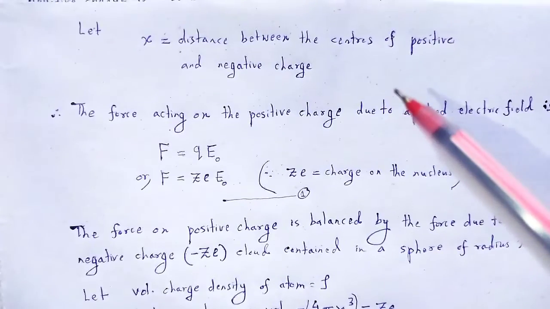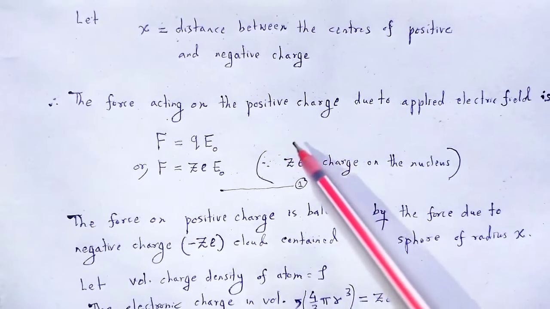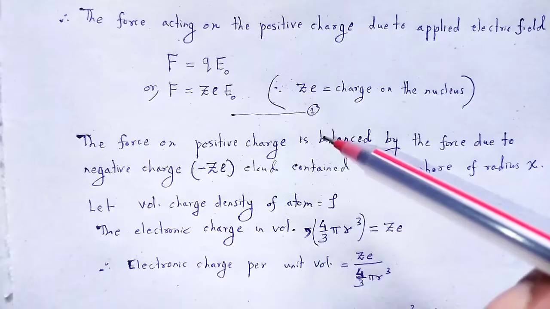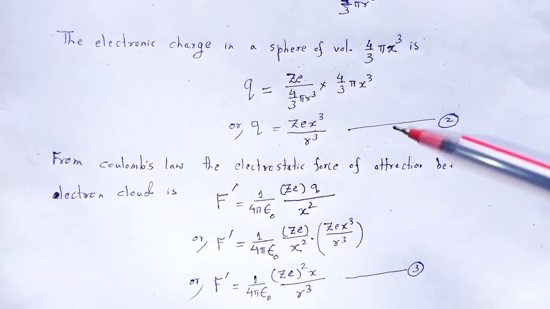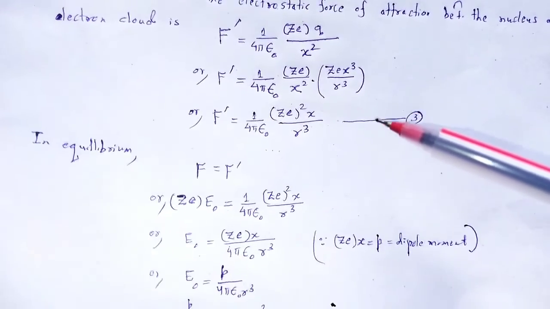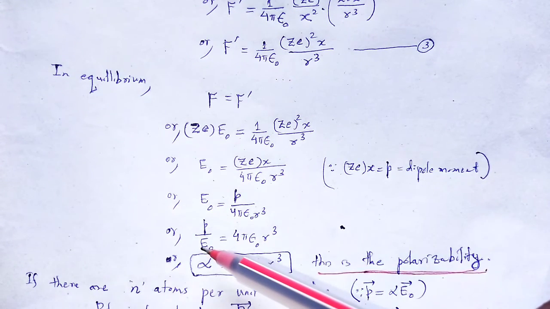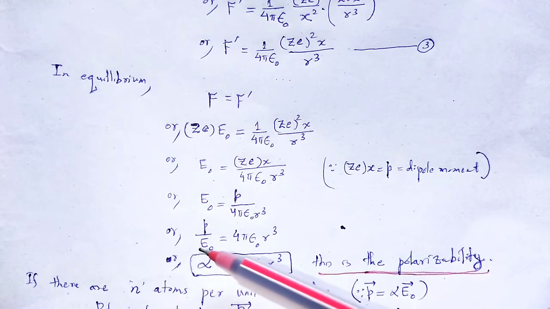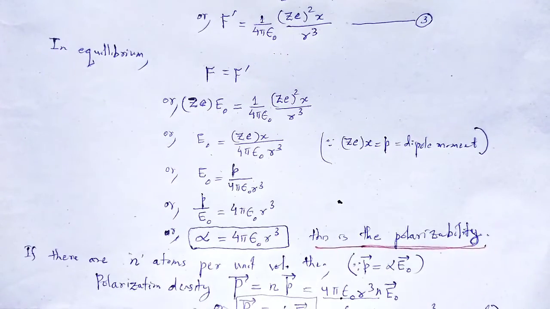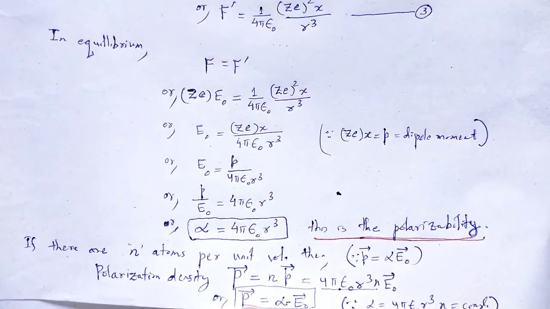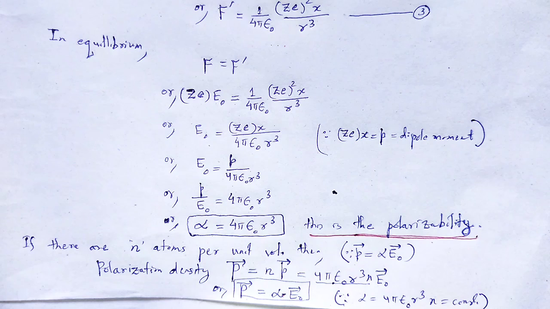In the presence of an external electric field, an induced dipole is developed, and due to that induced dipole it has an induced dipole moment. The ratio of induced dipole moment to the applied external electric field is nothing but atomic polarizability, and finally polarization density. So, with these useful and informative notes, let me wind up this session. Thank you.